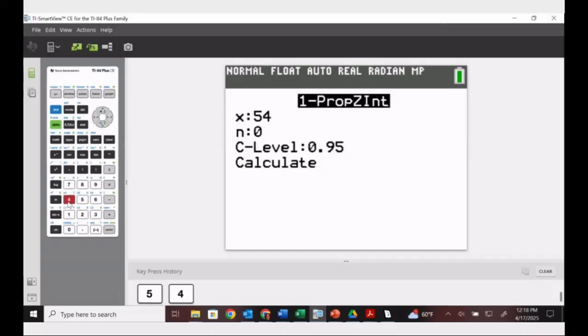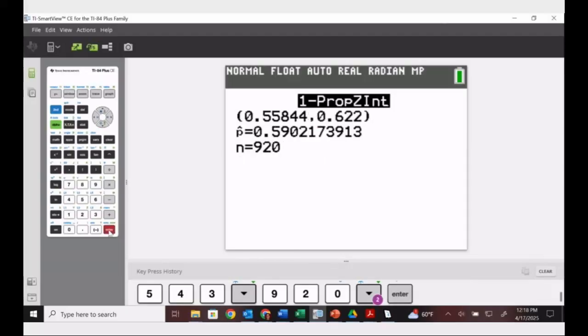So I'd put in 543 here. N is 920. We're using a 95% confidence level, but you'll change the confidence level here to whatever you need based on your problem. And then you go to calculate. There's that 0.558 to 0.622. There's the confidence interval that was given.